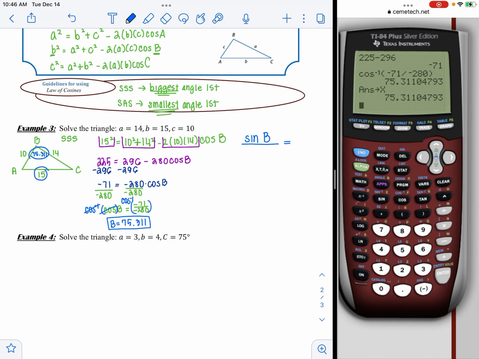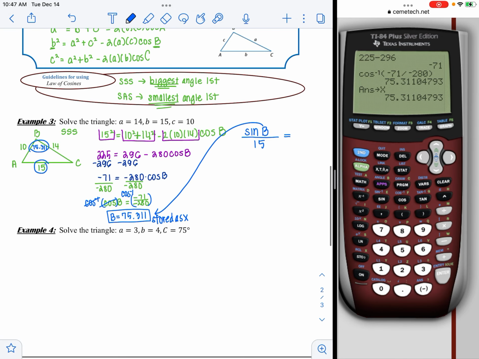I'm still going to put B right here, or you can put 75.311. Just know that you can't type 75.31 in your calculator, okay? I'm just still going to call it angle B, sine of B over 15, and that's not an unknown. This is stored in your calculator, stored as X. Equals, and then I'll find an angle that I don't know.